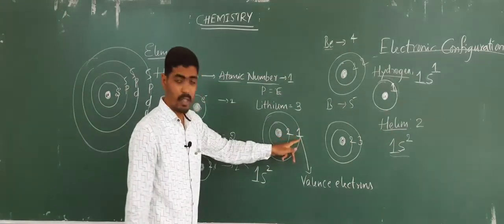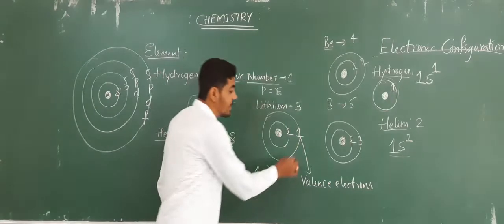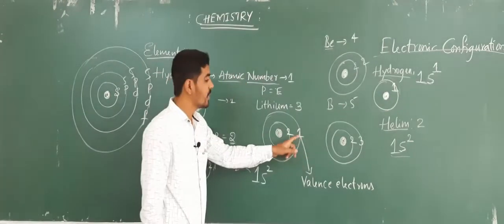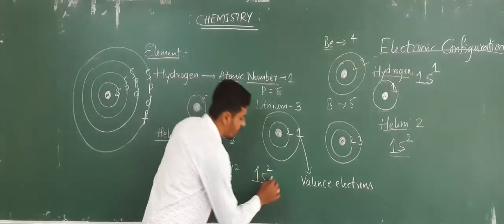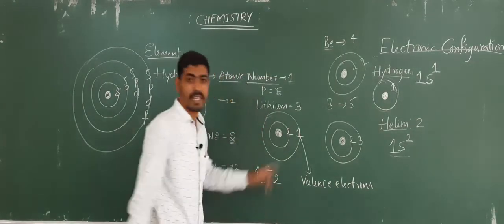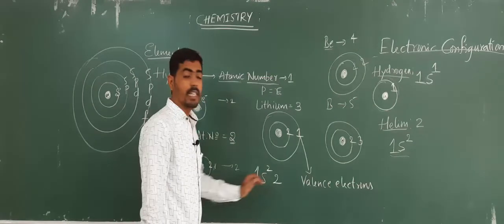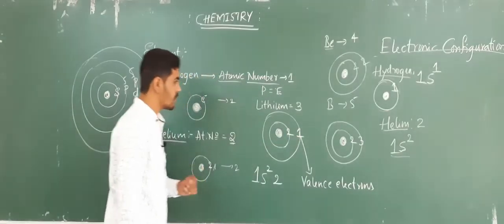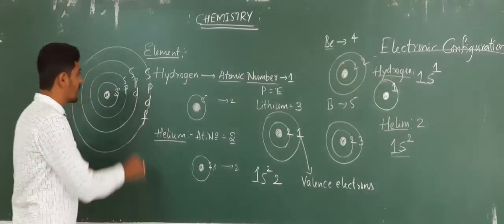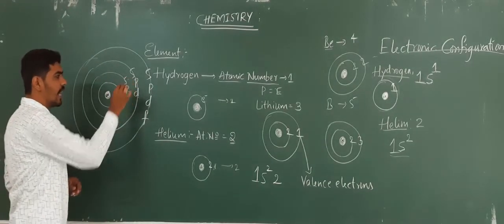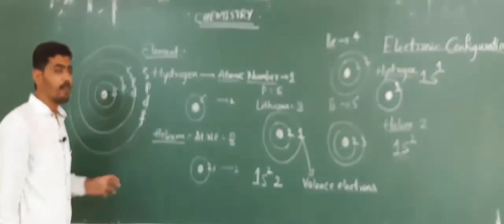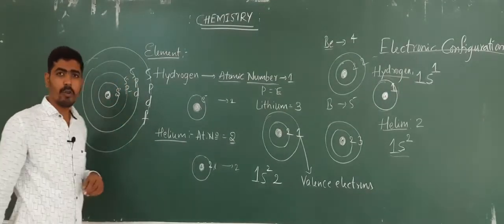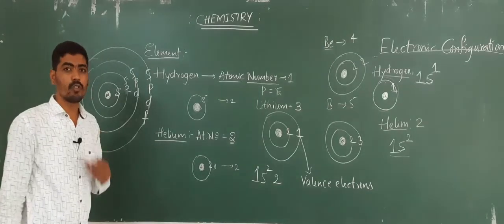In which shell is the electron? In the second shell, the electron is present. So write 2, second shell. In which subshell is the 1 electron there? Because in second shell there is a presence of S as well as P. Where does it go? First it goes to S or whether it goes to P, that you should know.